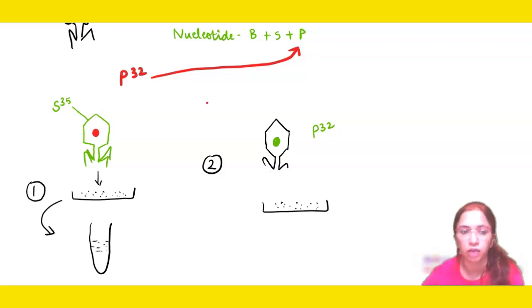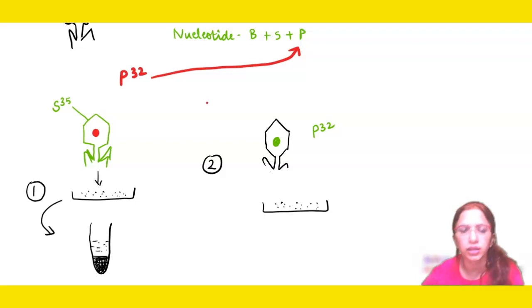Now when they took the bacteria and centrifuged it, of course the bacteria are going to be heavy, so they will be settling at the bottom. So all the remnants or remains of the bacteria were at the bottom because they were much denser. I have already explained that while we are doing centrifugation, the materials get separated based upon their density.